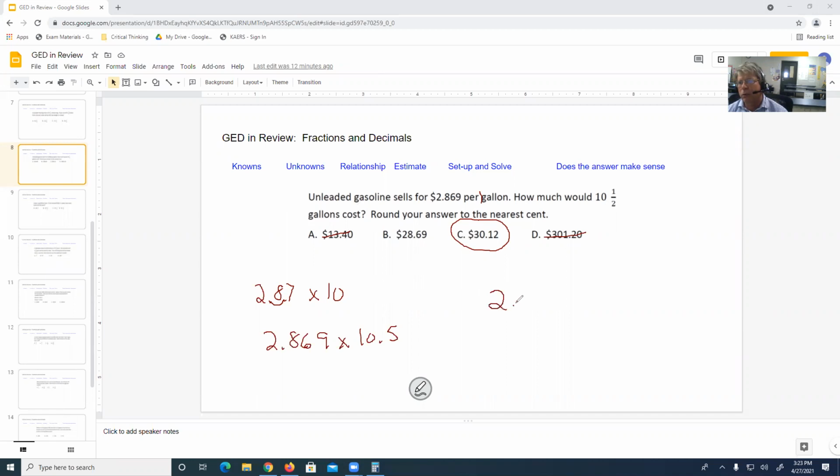So I could go like 2.869 per, which is a fraction bar, 1 gallon. So it's $2.869, that much money there for 1 gallon. And if I set up a proportion, what I can do is put an equal sign here, and I don't know how much it's going to cost for 10.5 gallons.